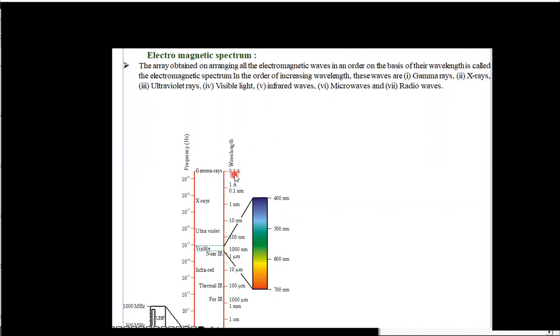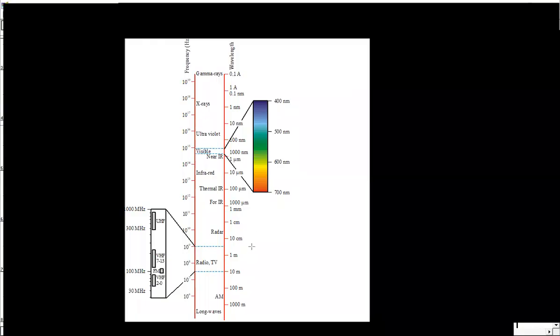So gamma rays wavelength frequency, X-rays wavelength frequency, ultraviolet wavelength frequency. So you can note down this. Below also some part is there. First you note down this part. You can draw this diagram.